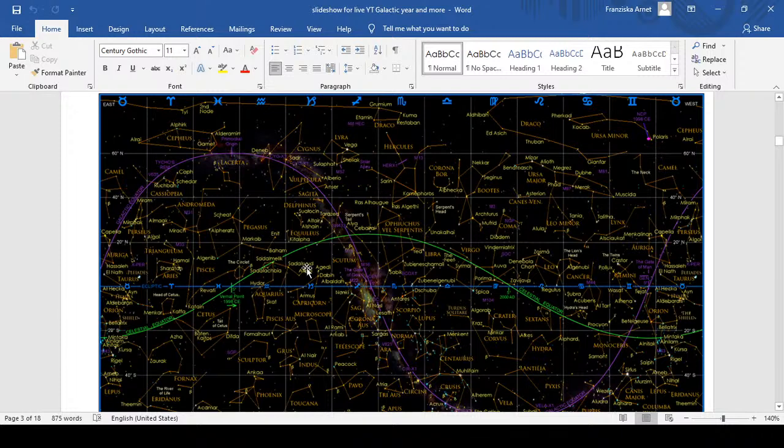It is not the same as the ecliptic. That's why we have those crossing points here too, right? And it's also because we have the tilt. That's why these two lines are not exactly overlapping.